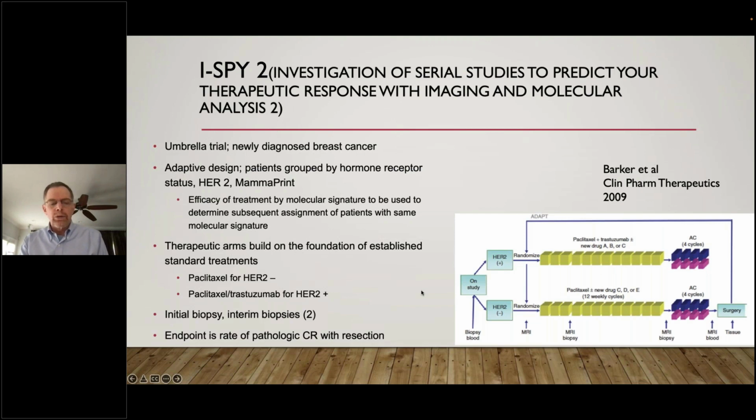This included interim biopsies, and an endpoint was a pathologic complete response that was verified with resection. But importantly, if at the time of surgery they did find a residual tumor, they were able to adapt. And so this was an iterative process, and the successful strategies continued on, and others were dropped off in the adaptation process.